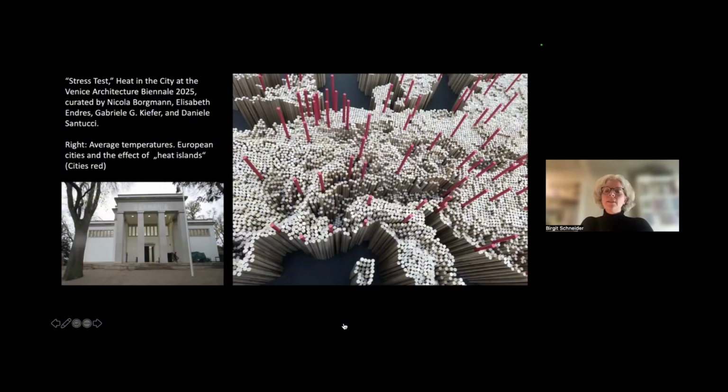They used sticks of wood with different heights to show you the high risk of heat islands, which is caused by the density of buildings and concrete streets in cities. As you can see, the heat island effect is a drastic difference in comparison to the countryside around cities. They also chose a sculptural approach to data.